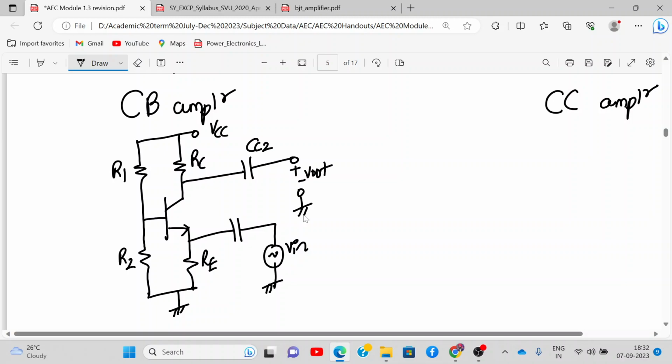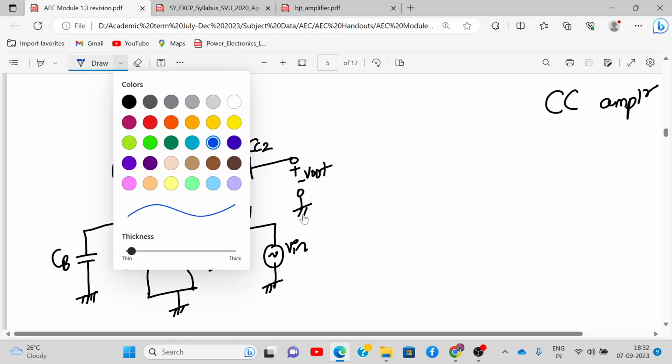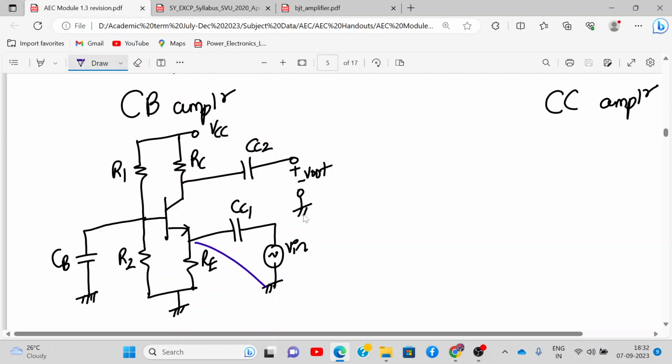This is CC2, this is CC1, and this is called the blocking capacitor CB, same as your bypass capacitor, but this is a blocking capacitor. This is the CB configuration. Your input is applied to the emitter and output is taken from the collector.